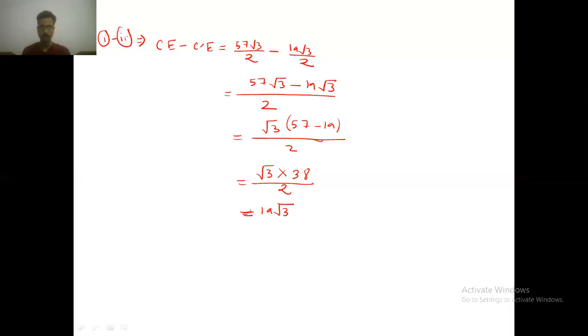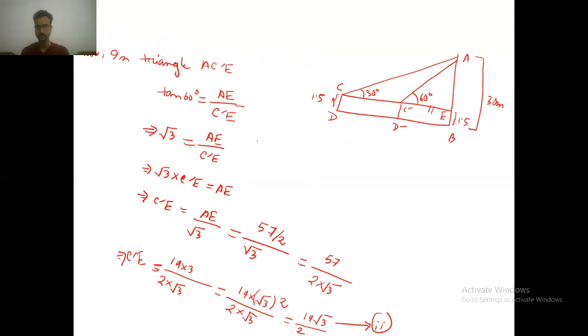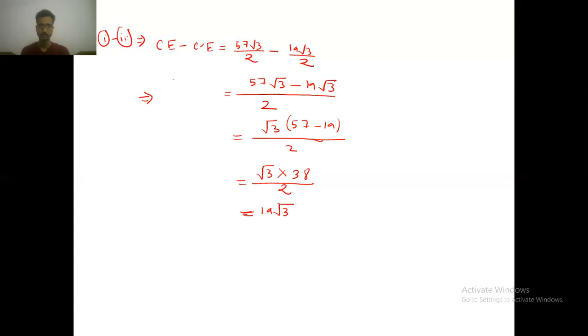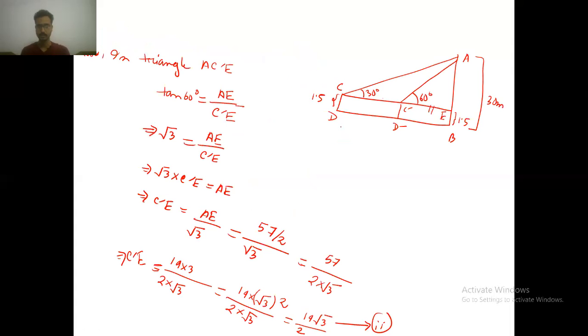So we have found, if you subtract C dash E from CE, you will get C dash. So C dash is 19 root 3, but C dash is nothing but D dash, because this is one rectangle, C C dash D dash D. And we know that in a rectangle the opposite sides will be equal.